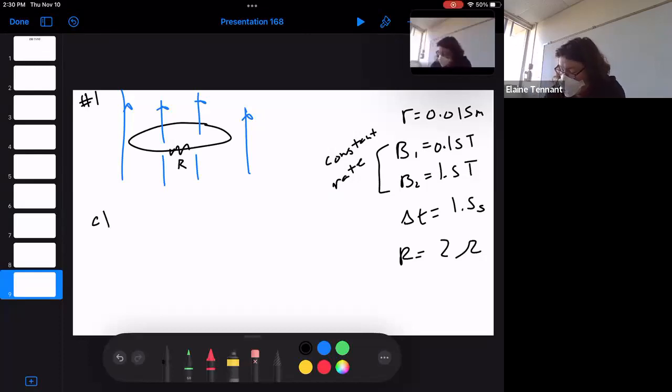And for part A, we're going to figure out the change in magnetic flux. The units will be Tesla meters squared.